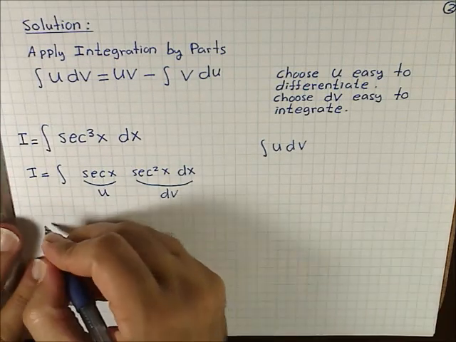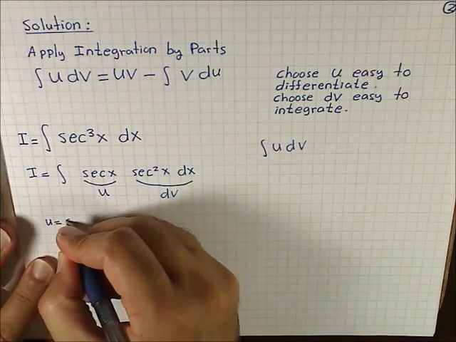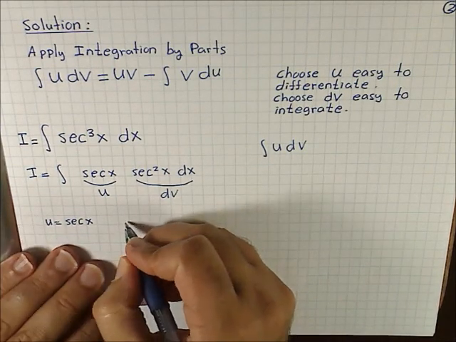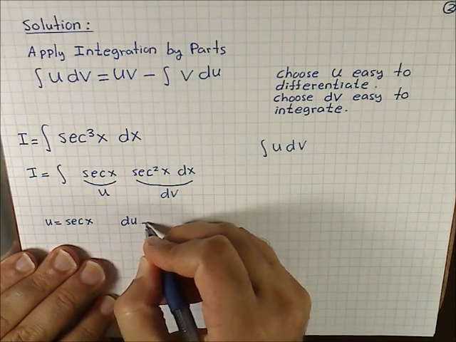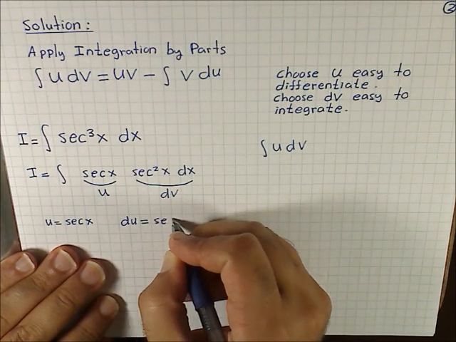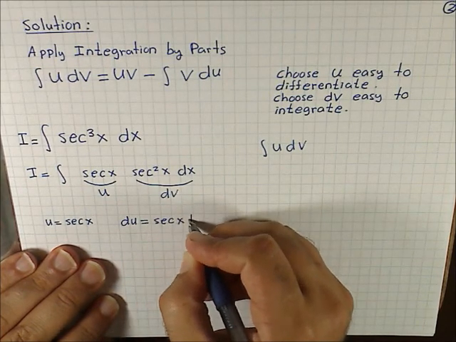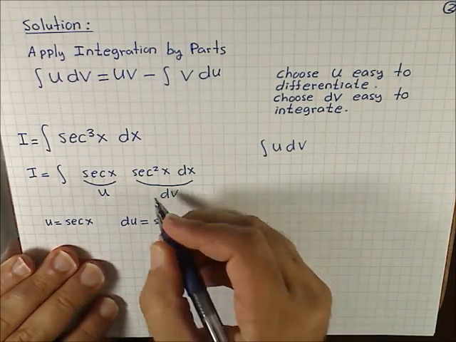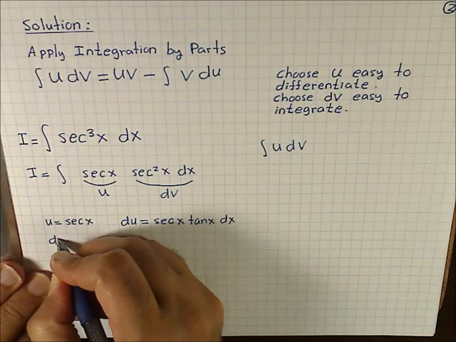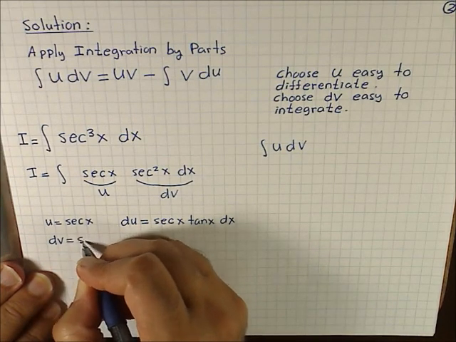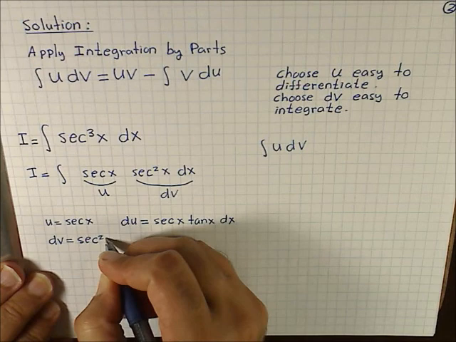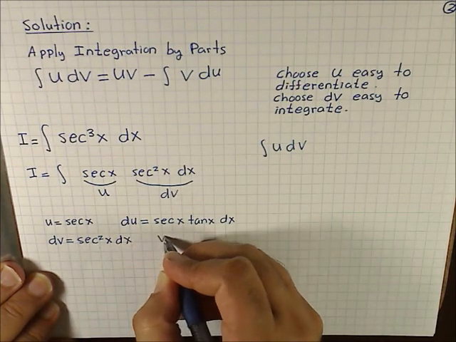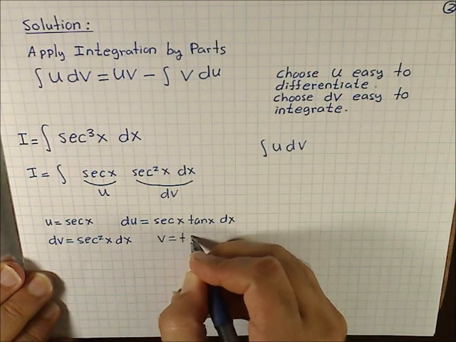So u is equal to secant x, its derivative du is equal to sec x tan x dx. This is dv. dv is equal to secant squared x dx. And integrating dv to get v, v is equal to tan x.